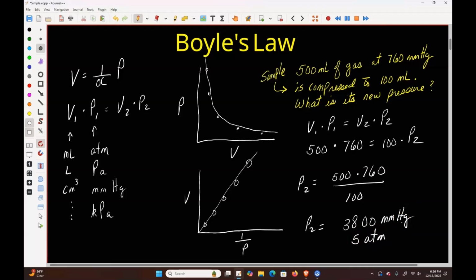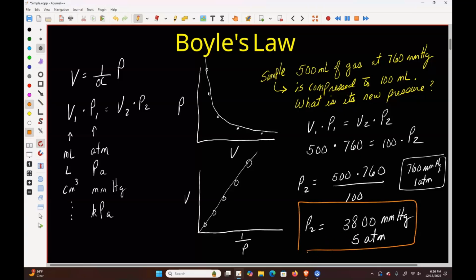I notice this because 760 millimeters mercury is equal to 1 atm, or 1 atmosphere. So that's something you kind of need to keep in your back pocket. So that's an example of Boyle's law.